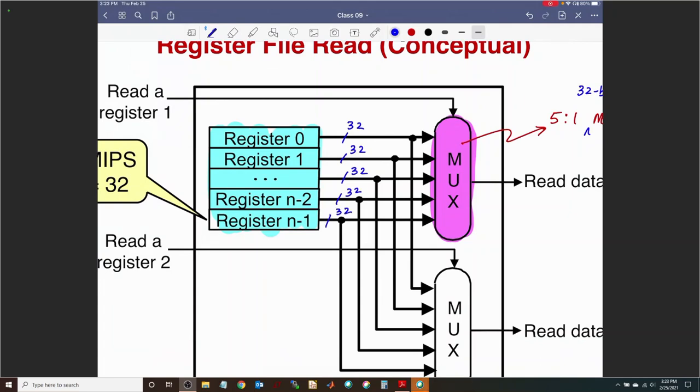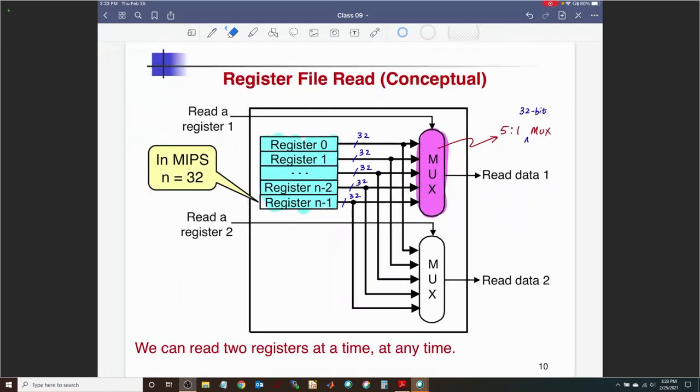Oh, by the way, this is not 5. This is 32 to 1. The way it is shown, the dot dot dot is not captured, but you see there are 1, 2, 3. There are 32 lines here.